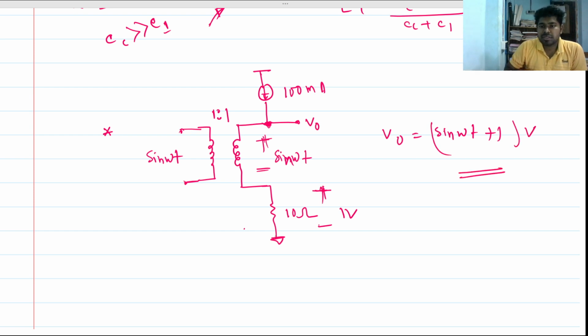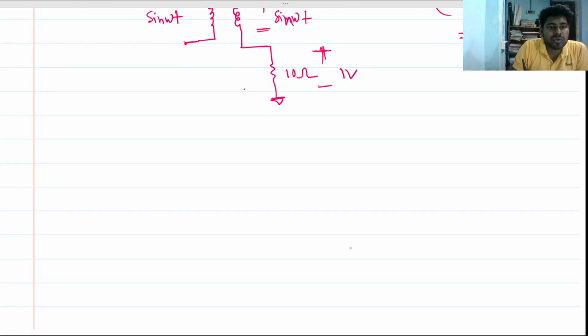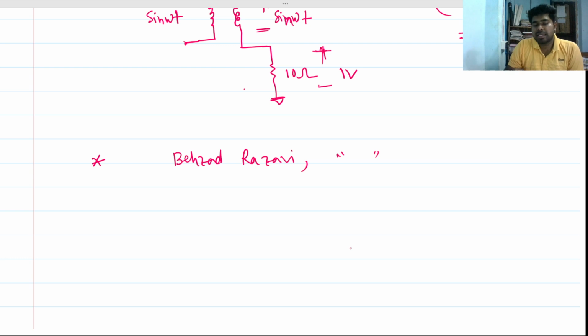Then he asked me which book I follow for analog IC design. I said Razavi's book. As I am from Jadavpur University, sir asked who the professors were that taught us analog circuits. I told him two professors' names.